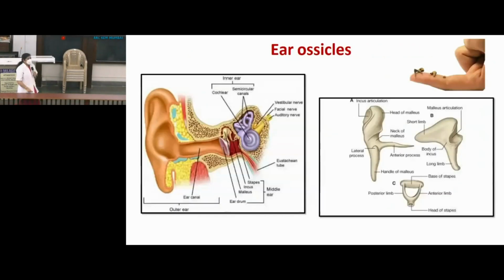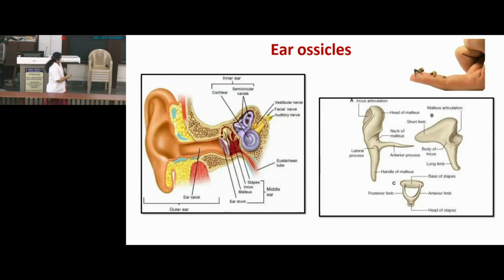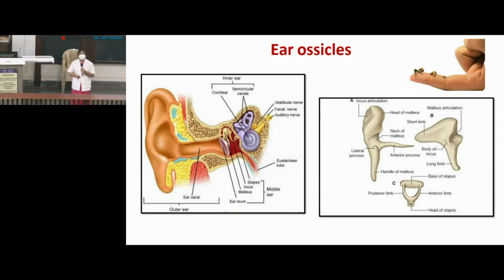There are three ear ossicles, as you all know: malleus, incus and stapes. Here you can see the parts of the malleus, this is the incus and this is the stapes. The malleus consists of a head, neck, anterior process, lateral process and the handle.